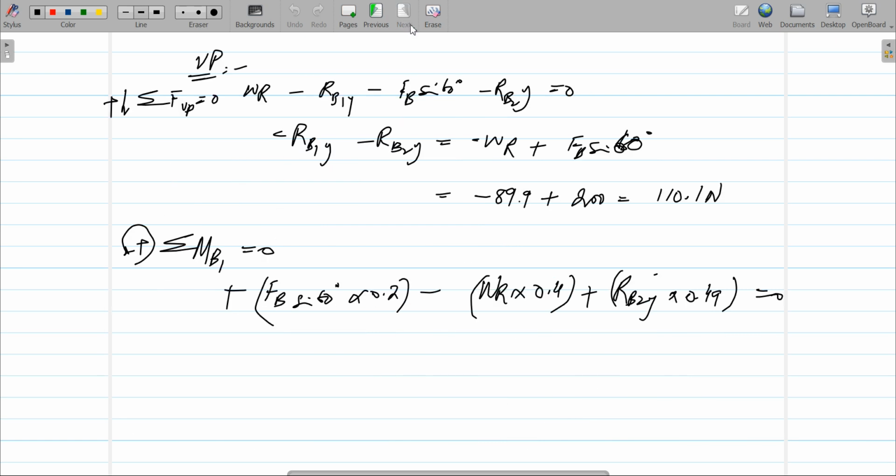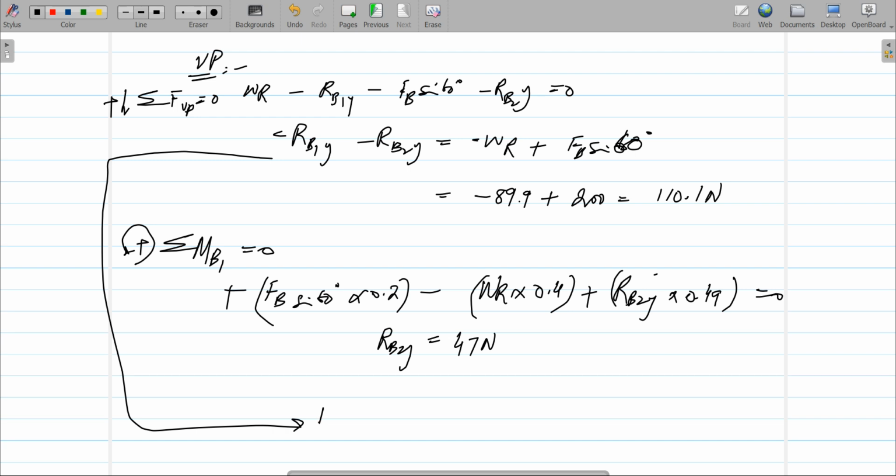So when you solve it, and again I'm not solving all the details, what we'll get is RB2Y equals to 47 Newton, and based on this relation, RB1Y equals to 157.1 Newton.